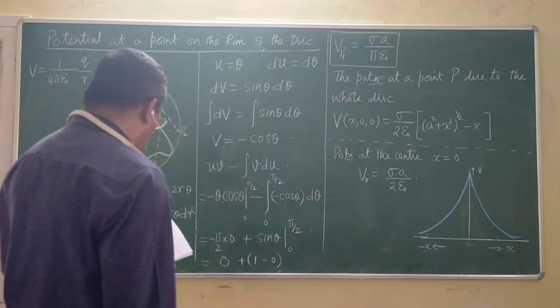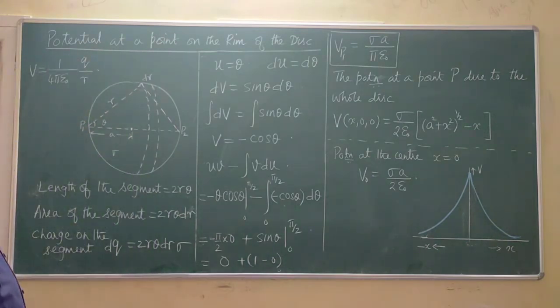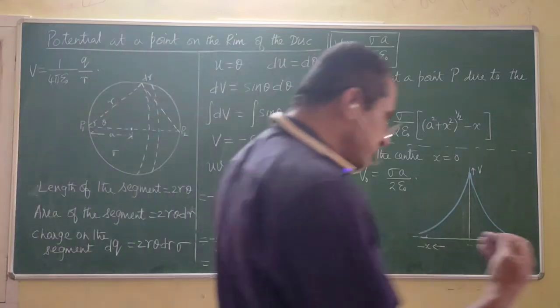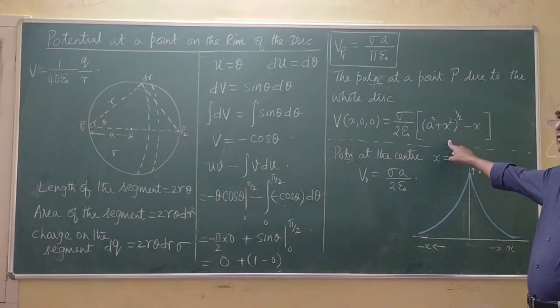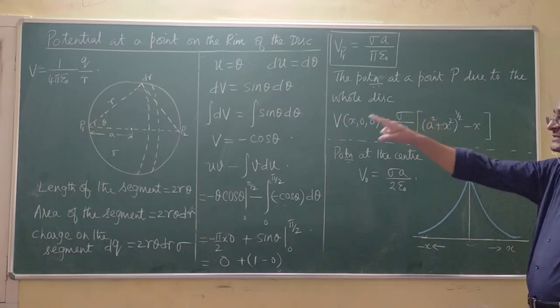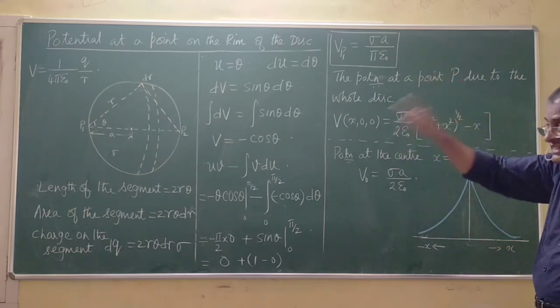Now, if you want to calculate what is the electric field, what do we need to do? That is where we have to proceed further. Up till this point, we have calculated the electric potential at the point P1 due to the rim of the disk. This expression gives you potential at some point along the axis due to the entire disk.